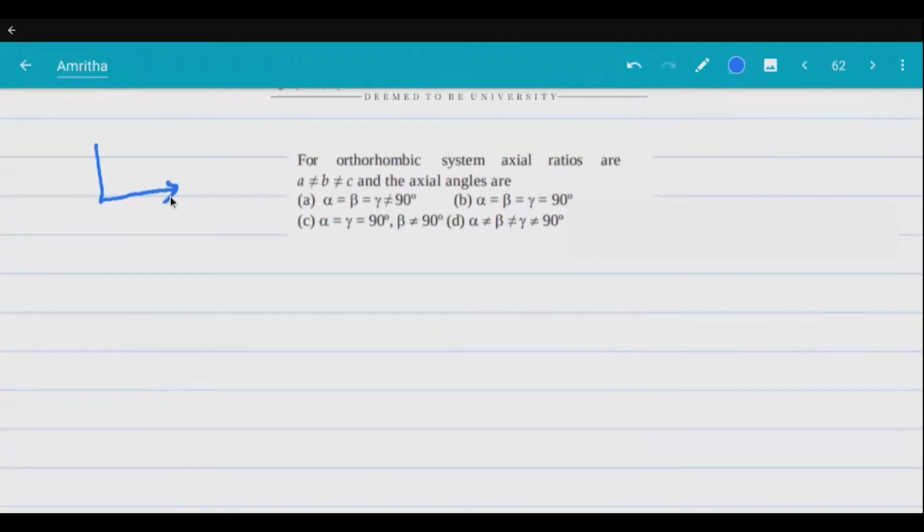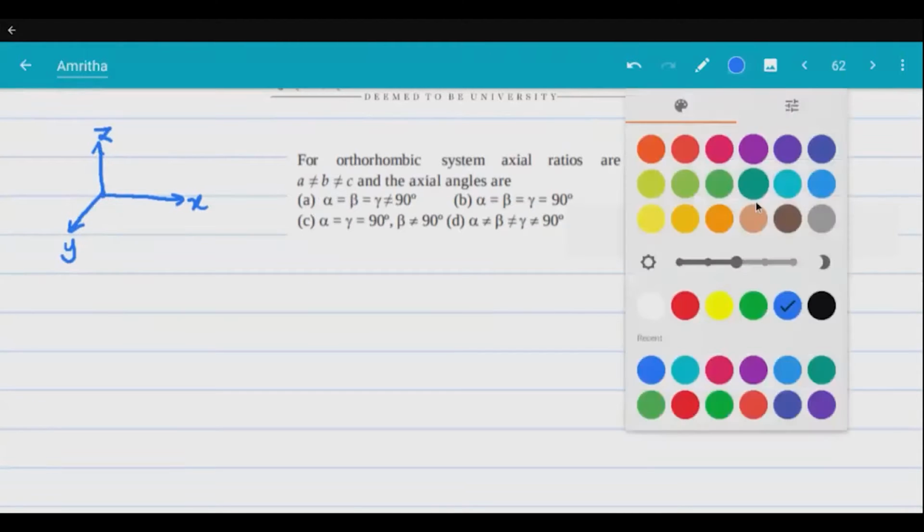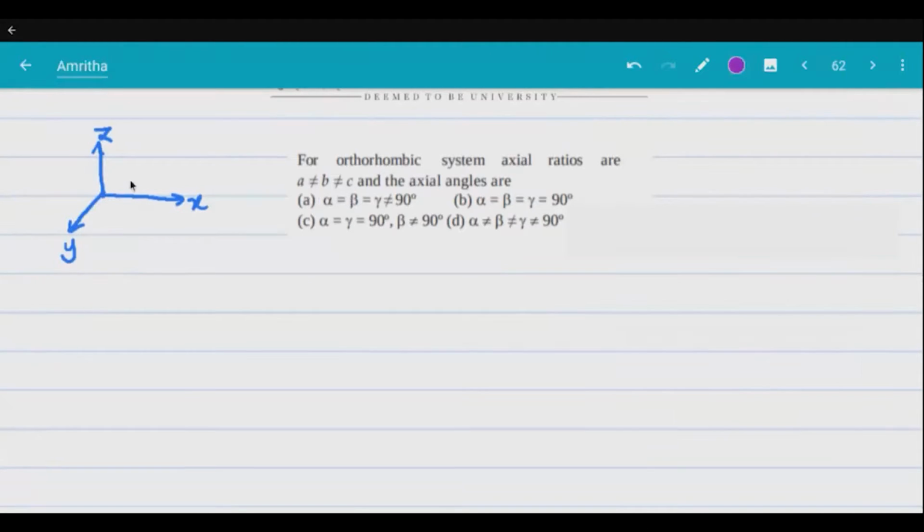This is the x-axis, this is the y-axis, and this is the z-axis. We should know the length along the x-axis; this is a. The length along the y-axis is b, and the length along the z-axis is c.